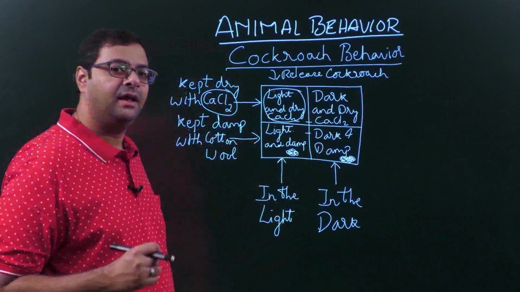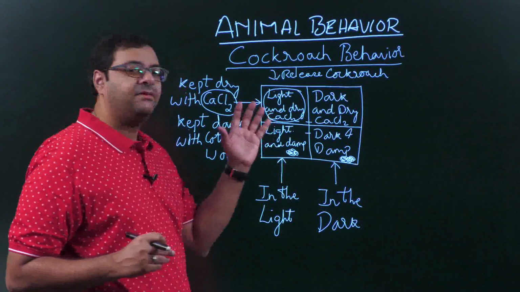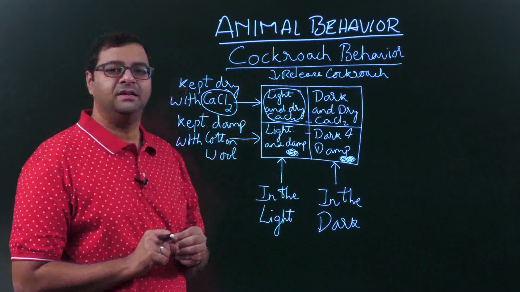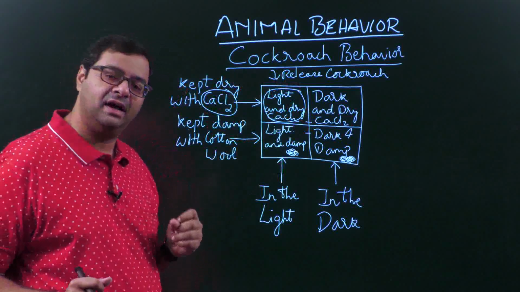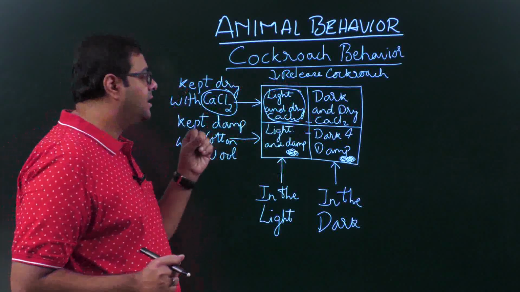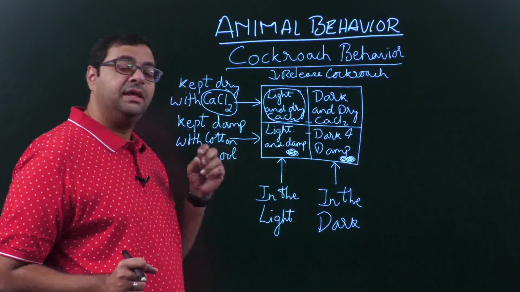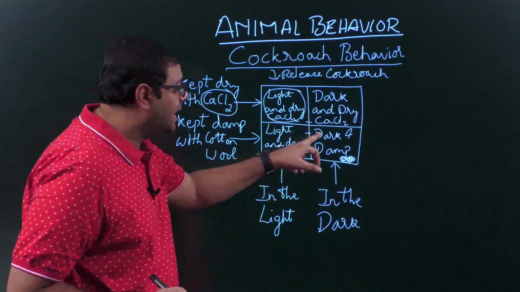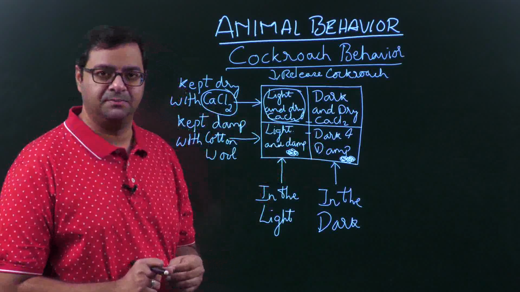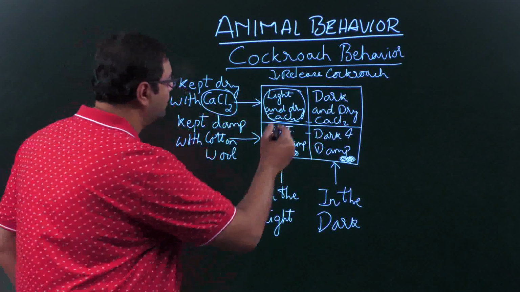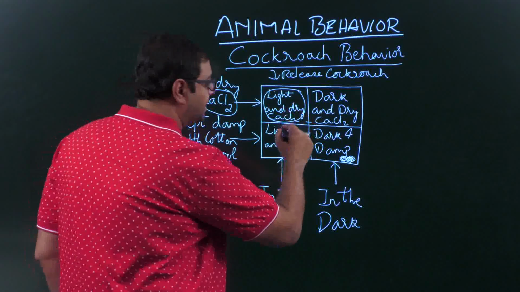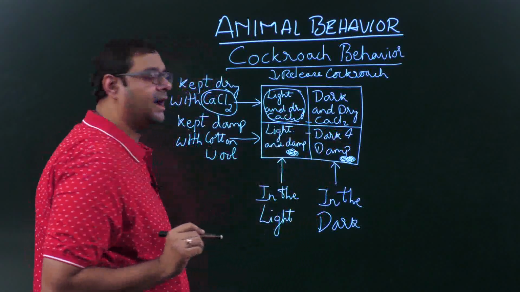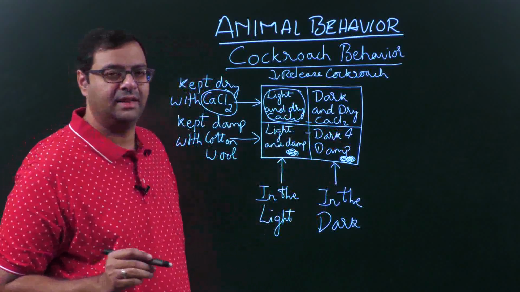Now after providing all these conditions, what these animal behaviorists understood was that cockroaches preferred dark and damp conditions. Whatever cockroaches they left in all these compartments, they started moving into the dark and damp compartment.